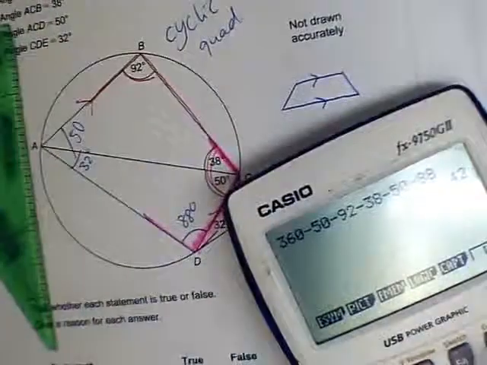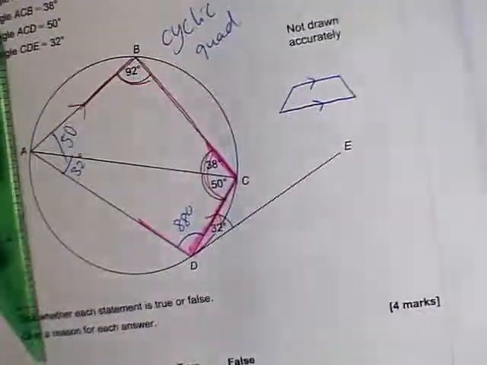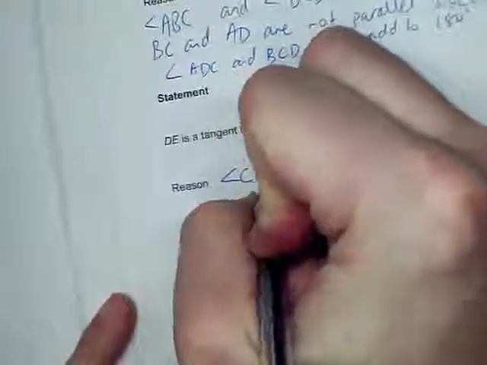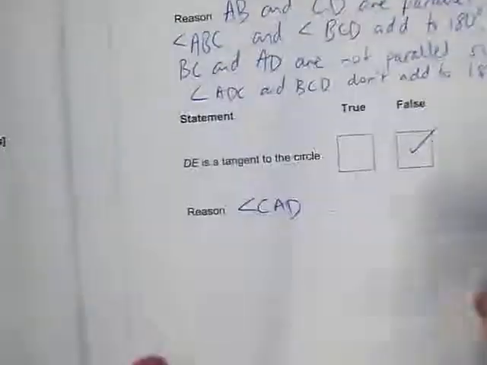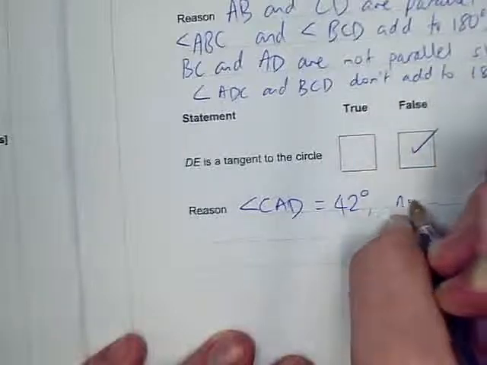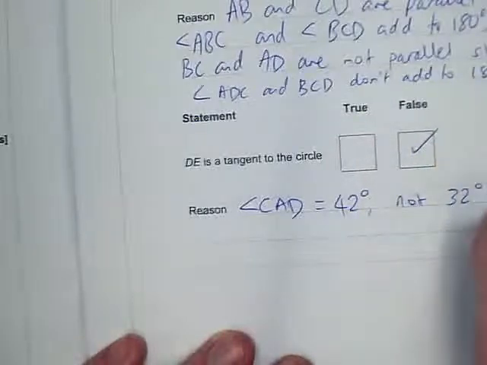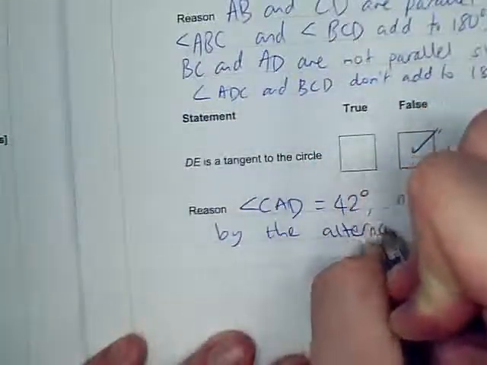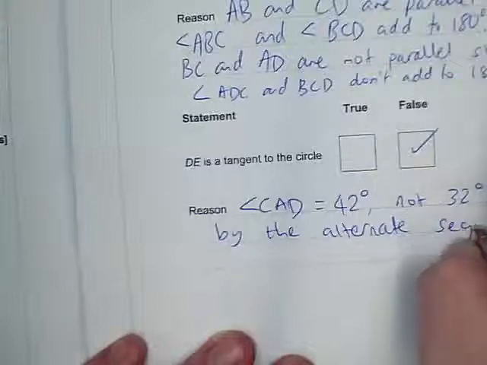So because it doesn't equal 32, it cannot be a tangent. So I'm going to say it's not. I'm going to say that angle CAD equals 42 degrees, not 32 degrees as stated by the alternate segment theorem.